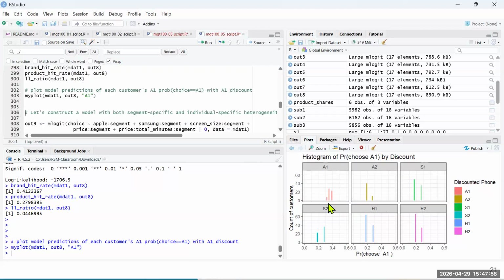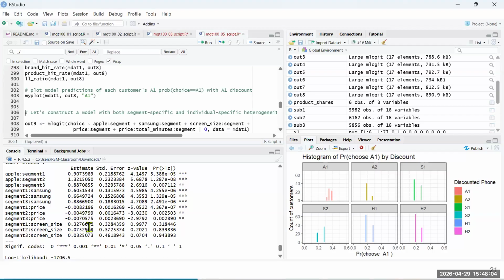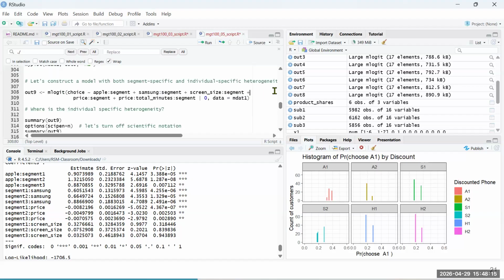But we are getting a little bit more separation for A1 at least, because if you take a look, you're going to see that there is some difference in segment valuations for inches of screen size.